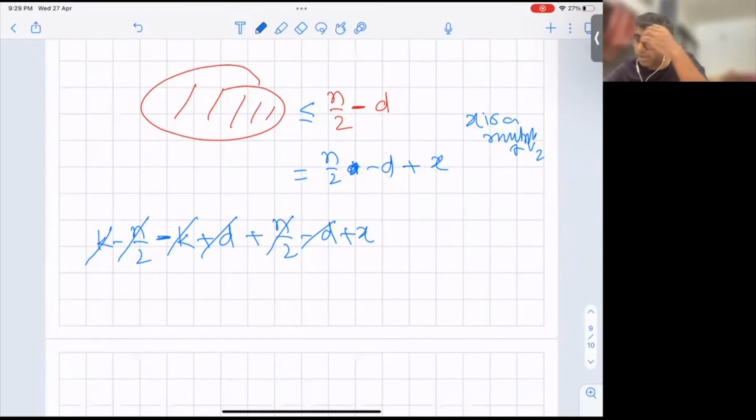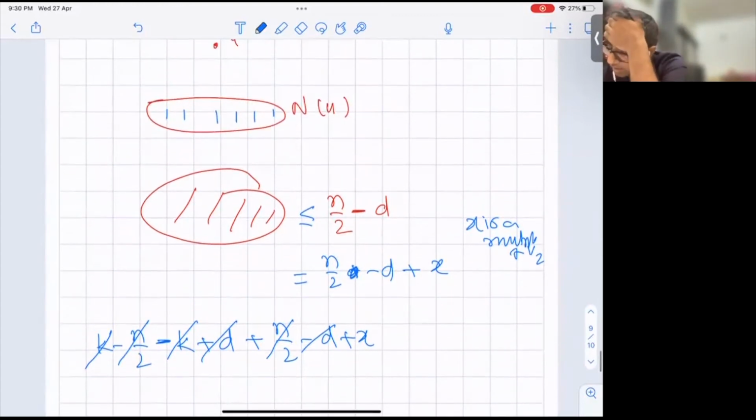So now somehow we have to argue that in this case we are doing good, right? Okay, so let's try to think. Let's see why we can say that x is at least 1.